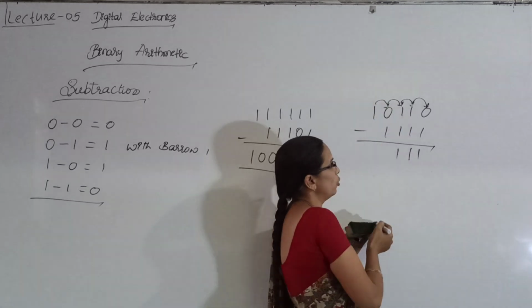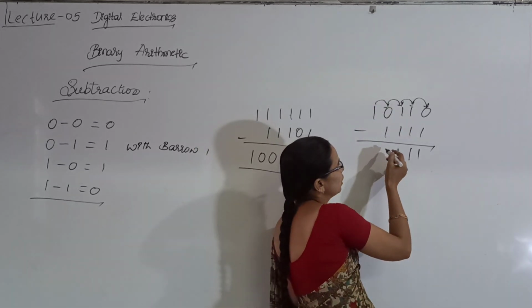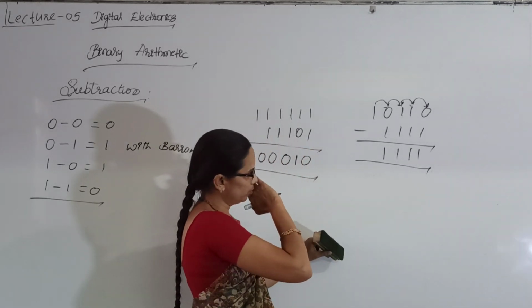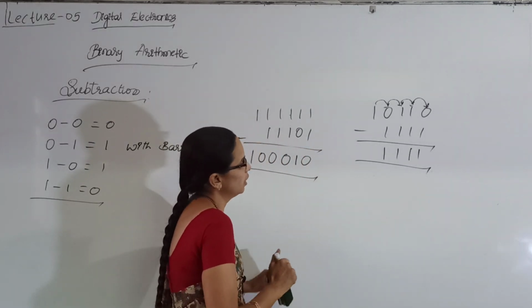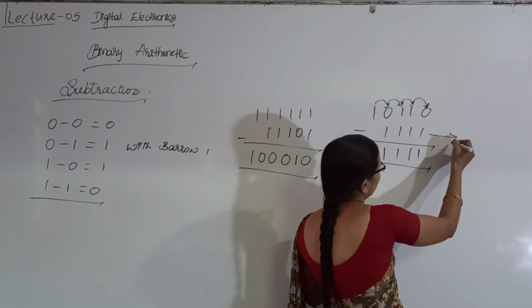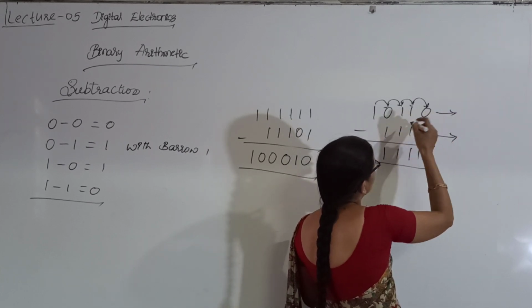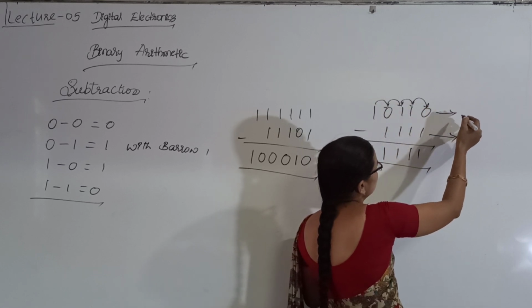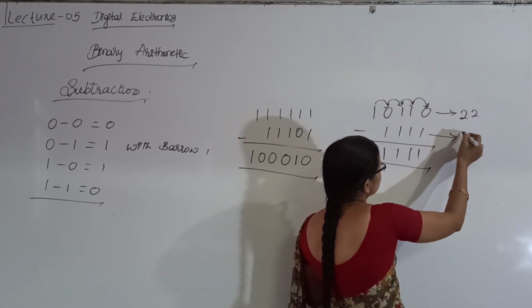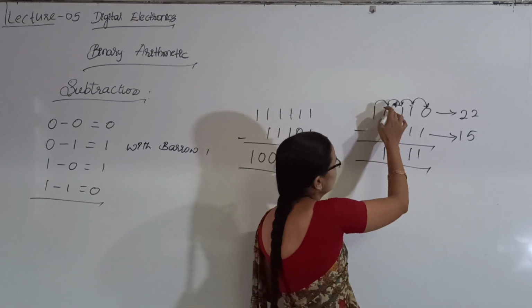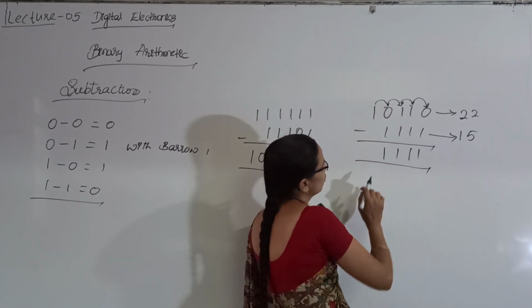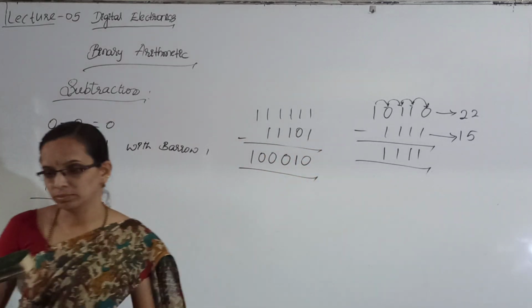Just check it. It is 15 and it is 16 plus 6, it is 22 minus 15. Here it will be, just a minute.